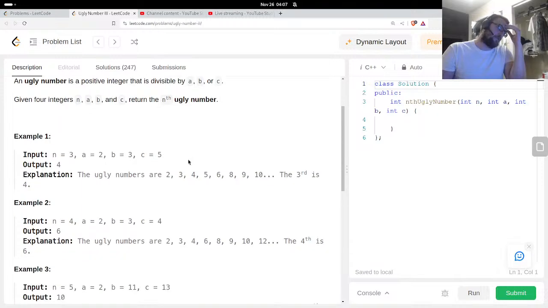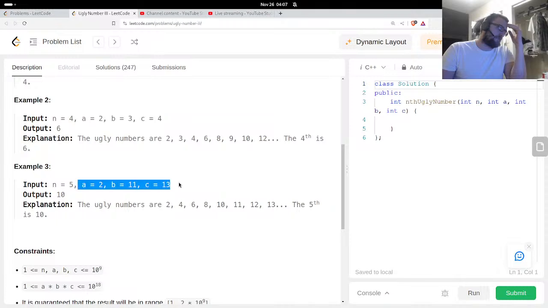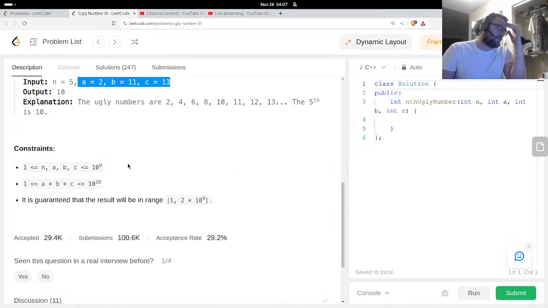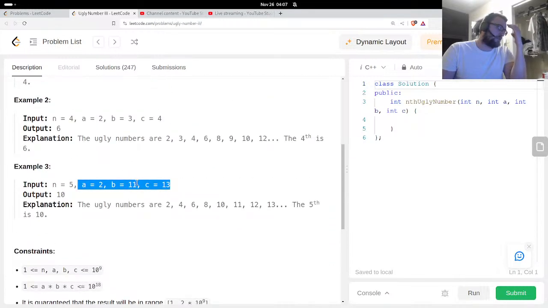The interesting part is these three numbers may or may not be prime numbers. By the way, they happen to be prime in the examples, but these are not necessarily prime numbers, so we may need to perform some prime factorization first. But maybe not really, actually. It doesn't matter, I think, the way this is set up.